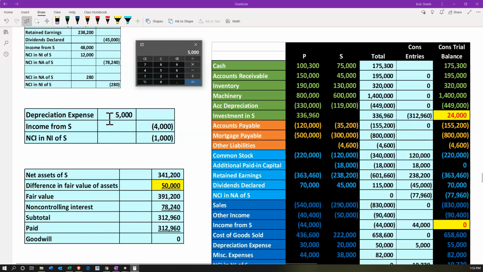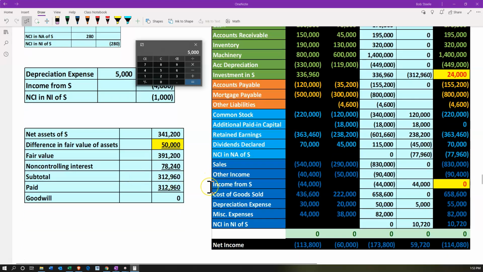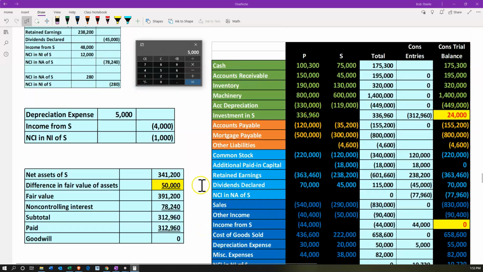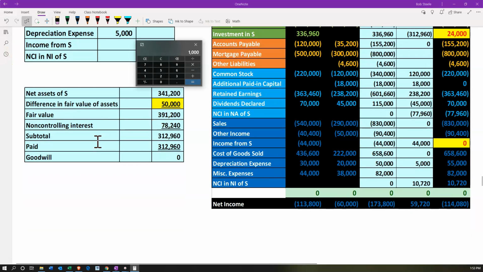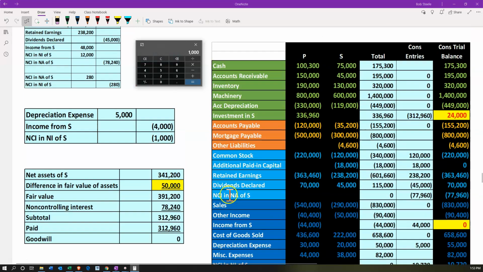And we're going to break that depreciation out between the income accounts, between the controlling and non-controlling interest, meaning income from S, because it's reflected in this number using the equity method, and then the non-controlling interest, so 80-20 split. So we're going to take that 5,000 times 0.8, and that's going to be the 4,000, and then we will take that 5,000 times 0.2, and that will be the 1,000, the 80-20 split, and then we'll obviously record that out.